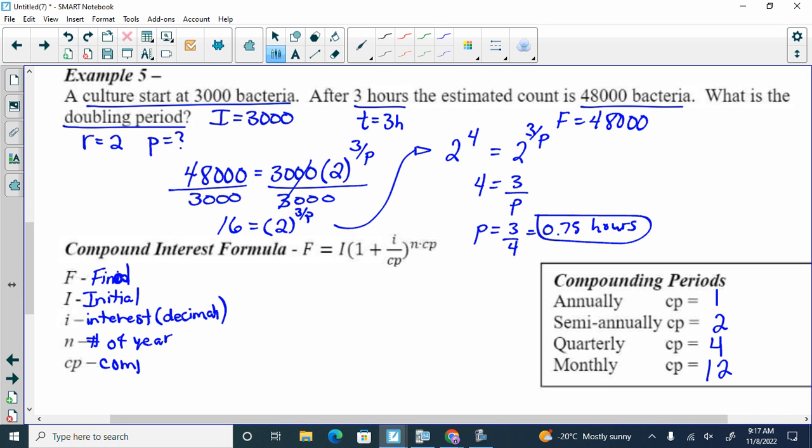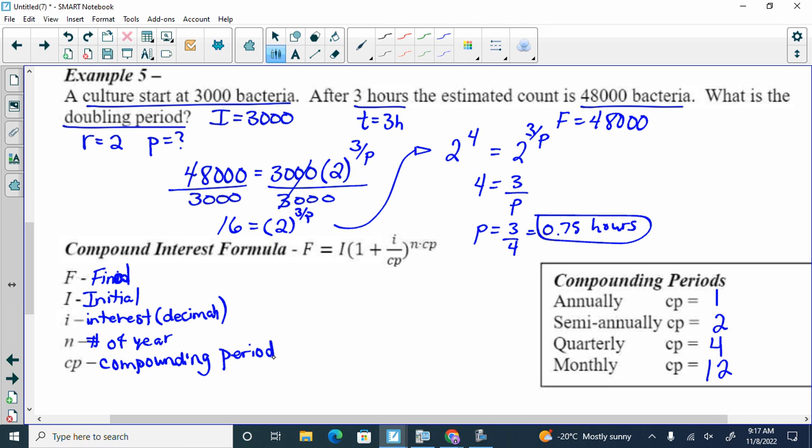Now, this will always be an appreciation formula. There will always be a plus, 1 plus, because you're always increasing. Whether it's a loan, you can pay it down, but we're not doing that, thank goodness, because that's way more work. So it's always 1 plus.